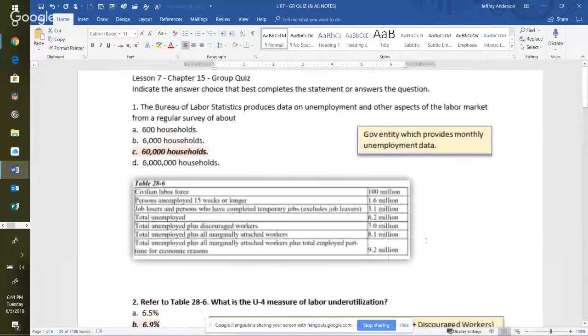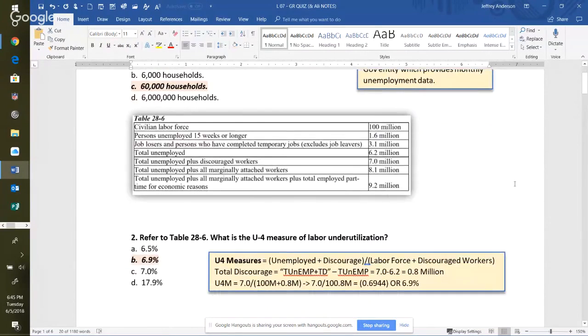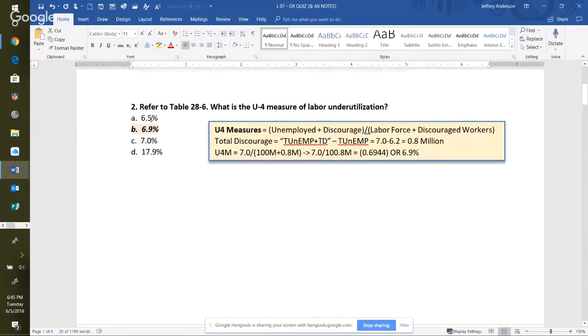Okay. And you already got number 1? Yeah. Okay, so number 2, there was a formula for it, and it's called the U4 measure. And the formula was unemployment plus discouraged workers, that sum divided by the sum of labor force plus discouraged workers.